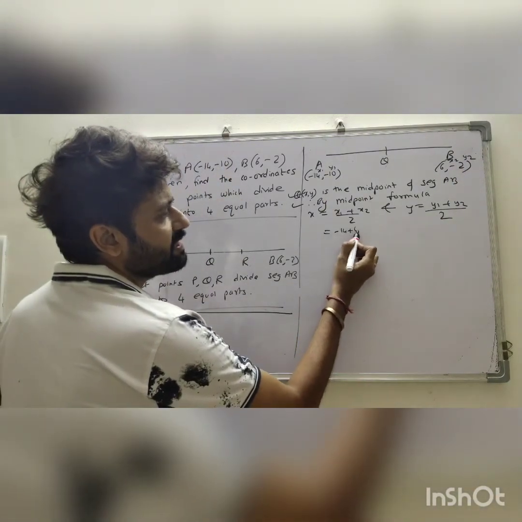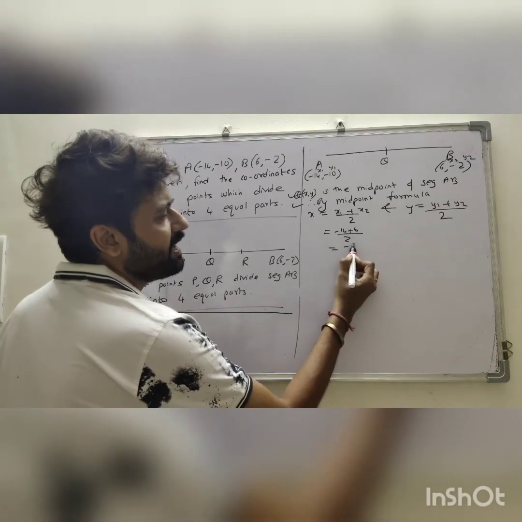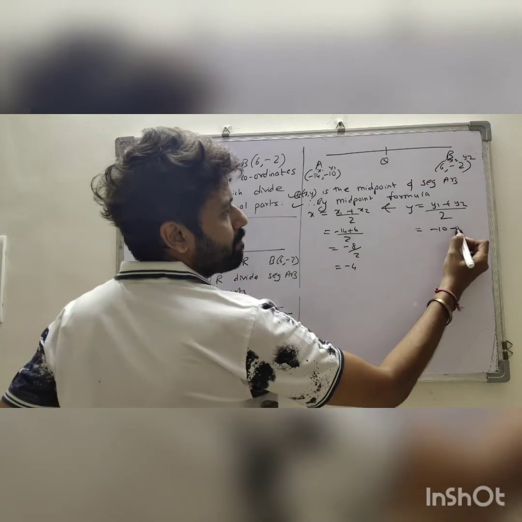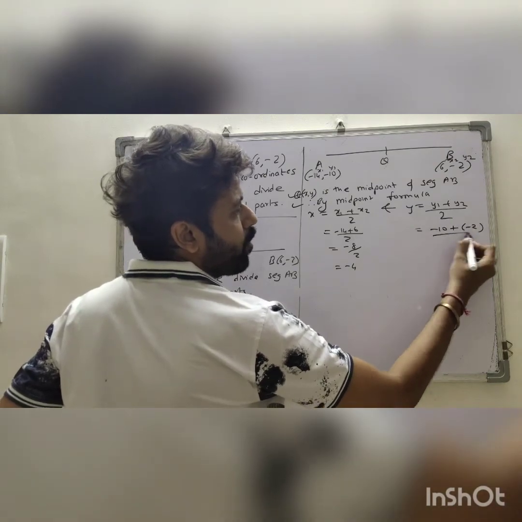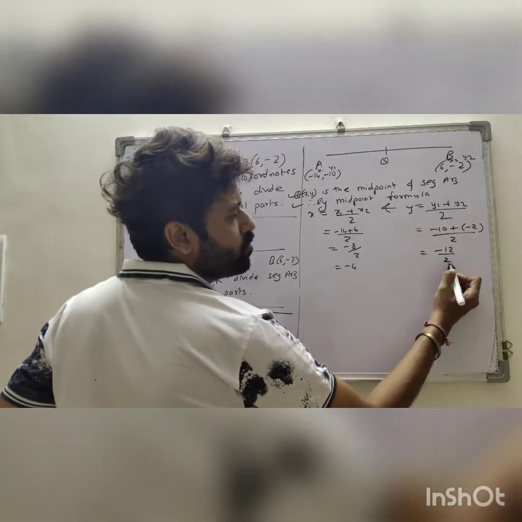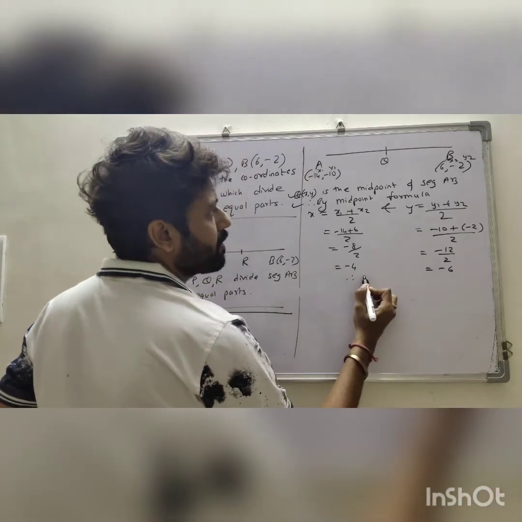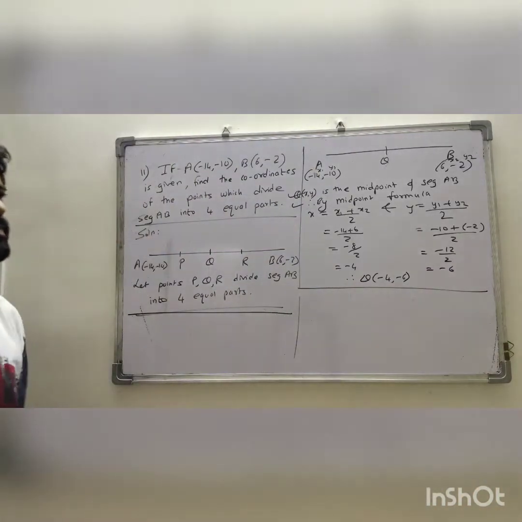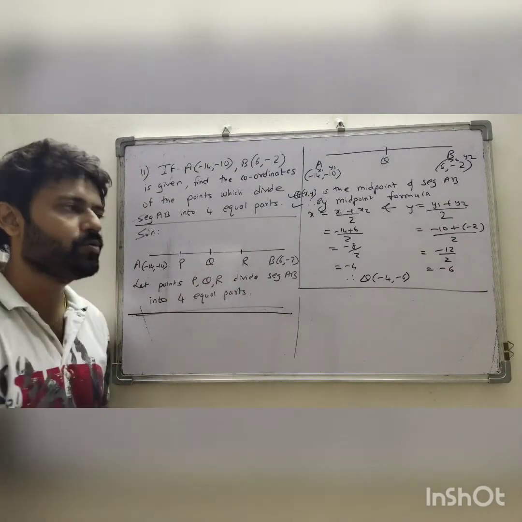Minus 14 plus 6 upon 2, that is minus 8 upon 2, that is minus 4. y: minus 10 plus minus 2 upon 2, that's minus 12 upon 2, that is minus 6. You get Q point (-4, -6). So here you get Q.